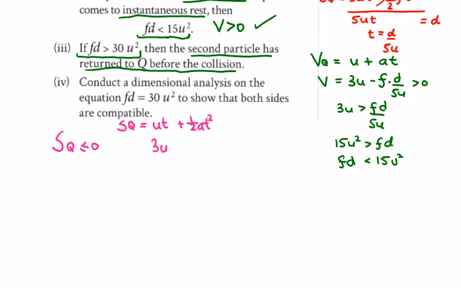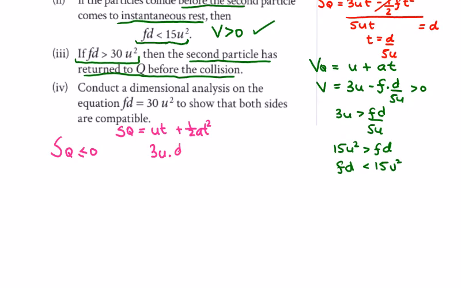So we're using the same information again. We have 3u and we have time, which is d over 5u, ut plus a half times minus f times time squared, so that's going to be d squared over 25u squared, and this will have to be less than or equal to 0.